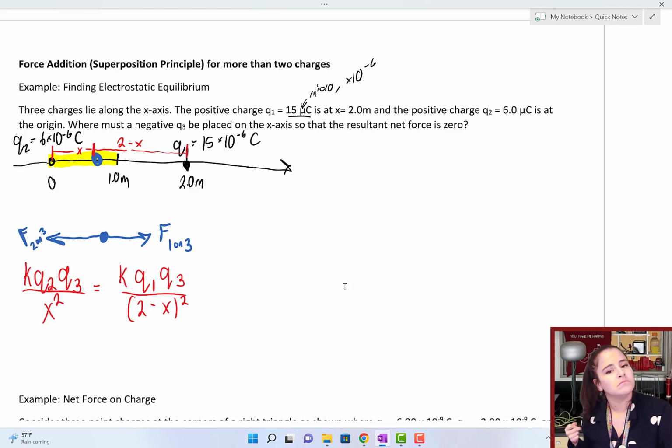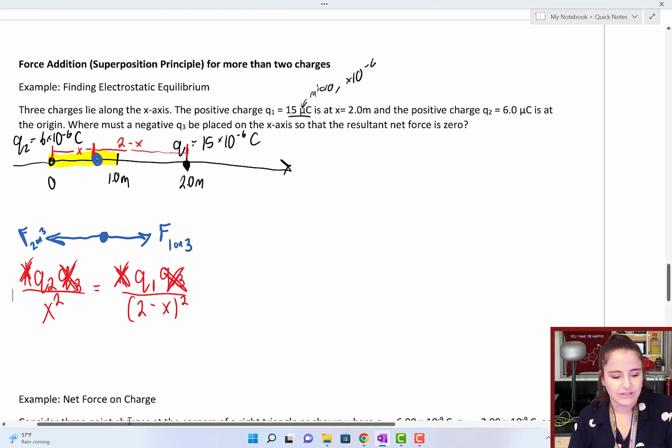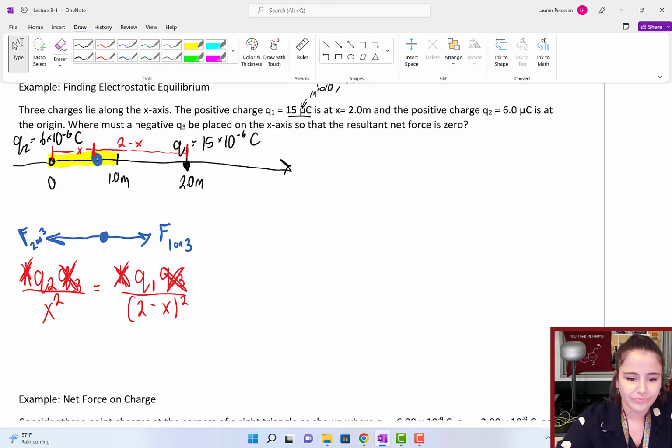Does it matter that we don't know what Q3 is? Nope, not at all. It's going to affect the force from both equally, so we can cancel out Q3. We can also cancel out k because it'll just divide out. So our equation simplifies to Q2 over x squared equals Q1 over (2 minus x) squared. Let's go ahead and put in the actual numbers and start doing that algebra.